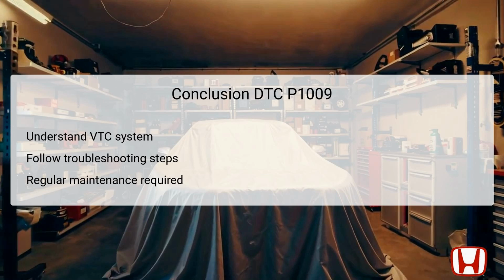Regular oil changes and system checks can mitigate risks associated with component failure. Addressing these concerns not only enhances vehicle performance, but also reduces emissions, contributing to a cleaner environment. Ensuring that each part of the VTC system functions harmoniously is key to maintaining optimal engine performance.